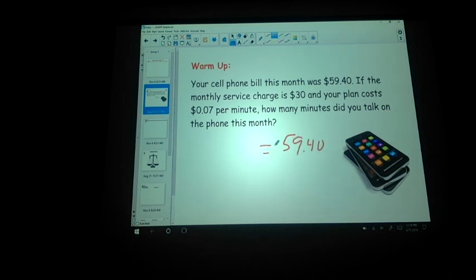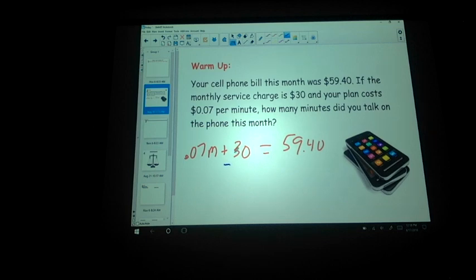How much do you pay per month, regardless if you use your cell phone or not? $30. And then we're paying this 0.07 M for minute. Does that work? If you use your phone or not, you still have to pay the $30 in order to keep your phone number active.